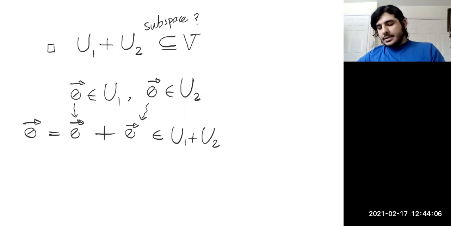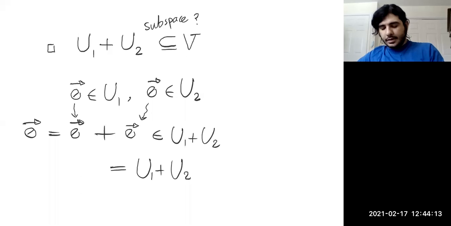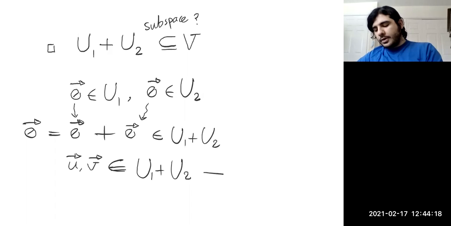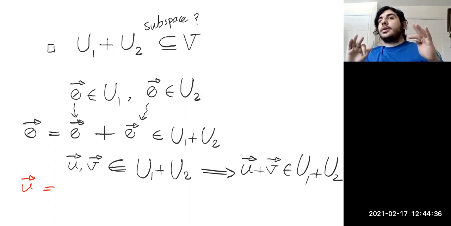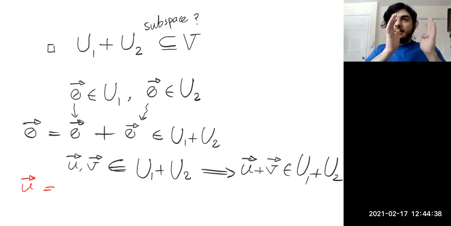The other property is that if I take two vectors in U1 plus U2, say U and V, I should show U plus V is there. That's the second thing. Is that correct or not? Well, U is in U1 plus U2. Anything in U1 plus U2 is equal to something in U1 plus something in U2.